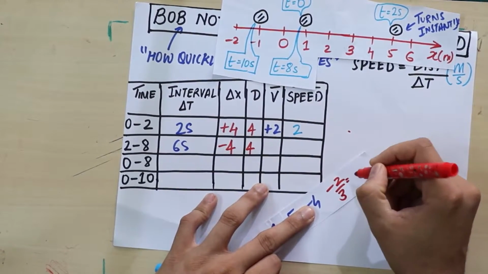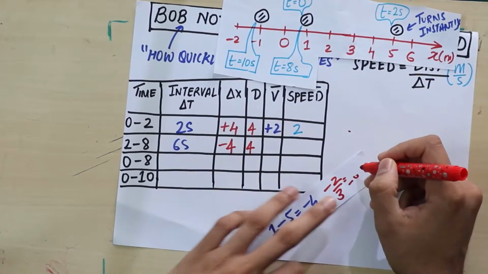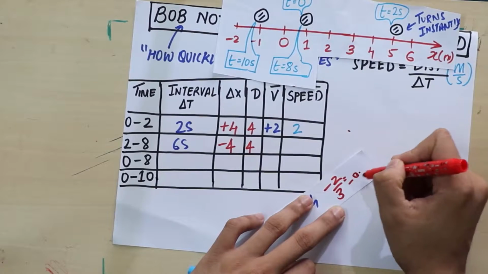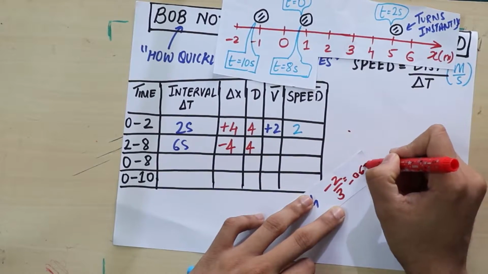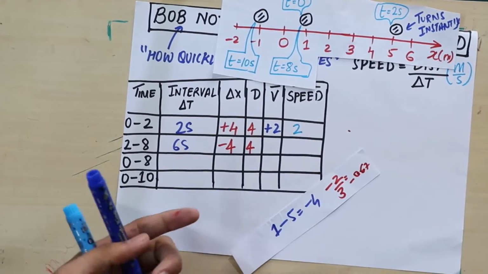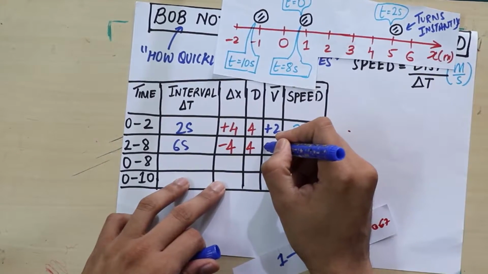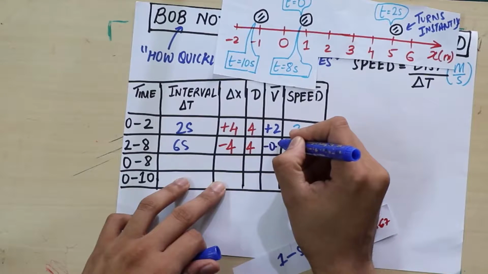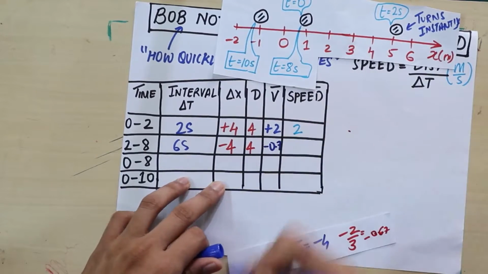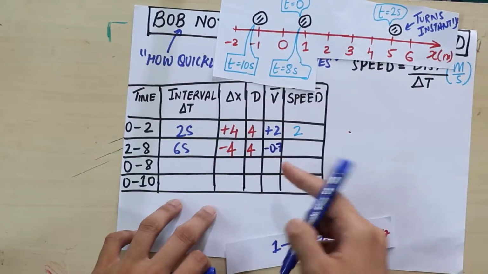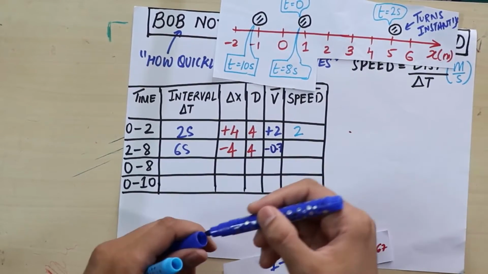It's 0.67. So the answer is going to be minus 0.67. I'm just going to call it minus 0.7. I hope you can see that. That's minus 0.7.